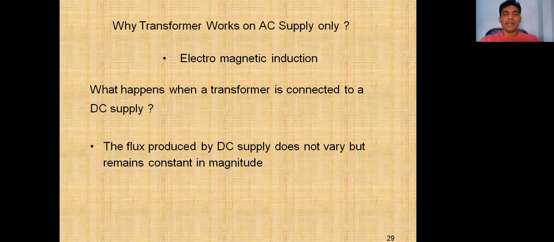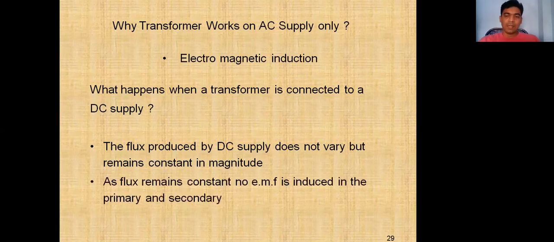As the flux remains constant, no EMF is induced in the primary and secondary.